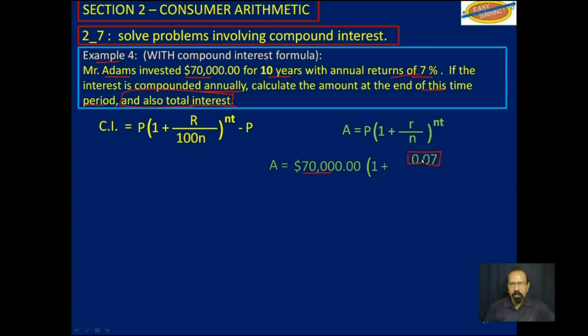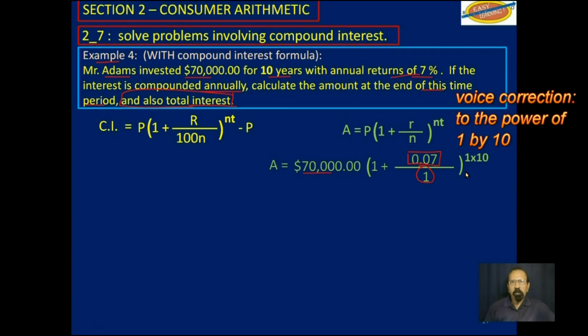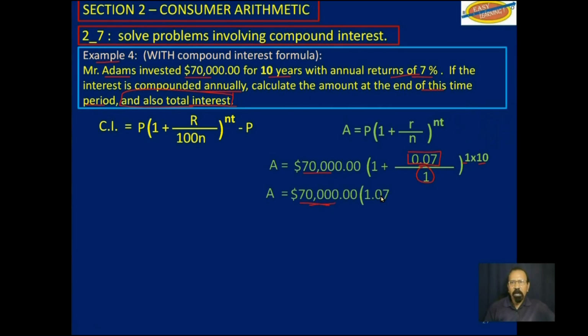So 7% is 0.07 over 1 because it is calculated once per year, multiplied by 1 times 10 years. And so that would be 70,000 multiplied by this part here, which works out to be 1.07. And now you have that to the 10th power.